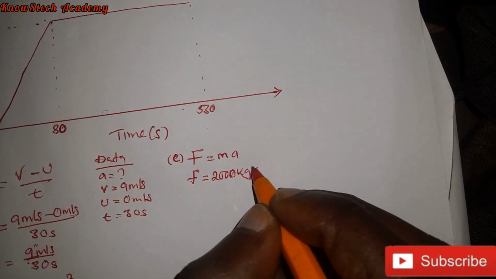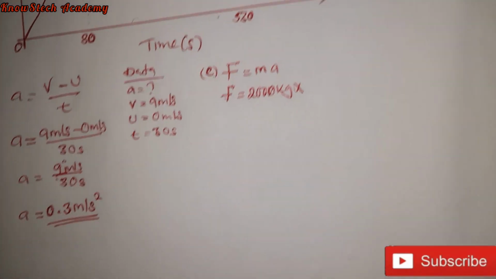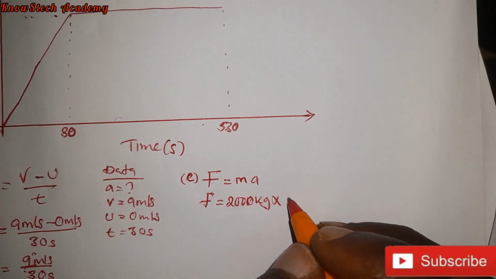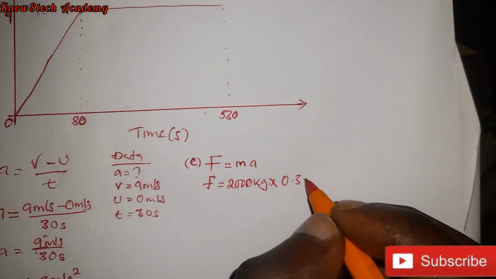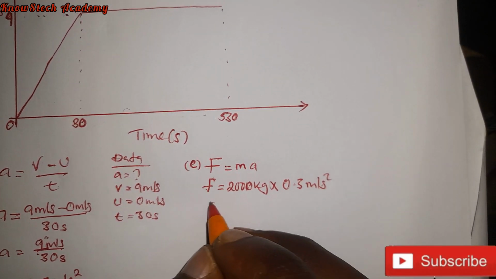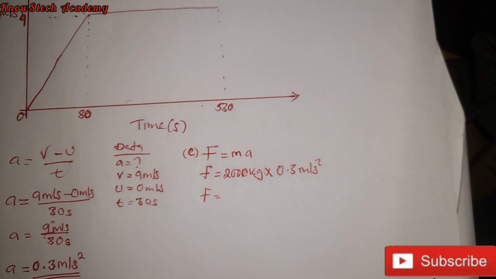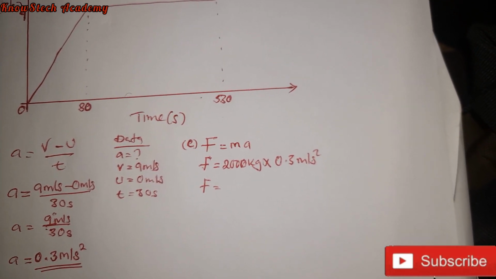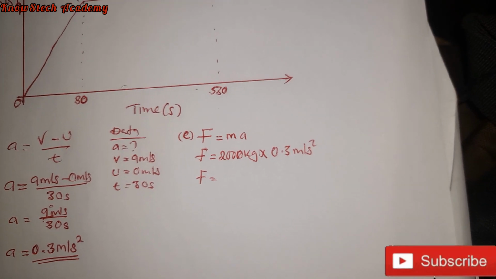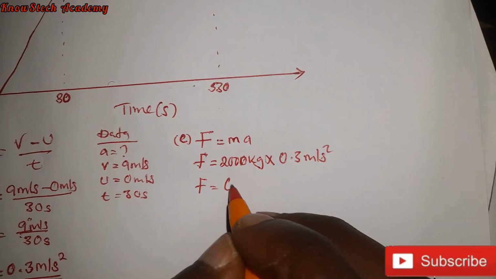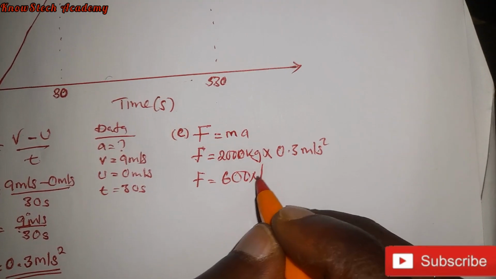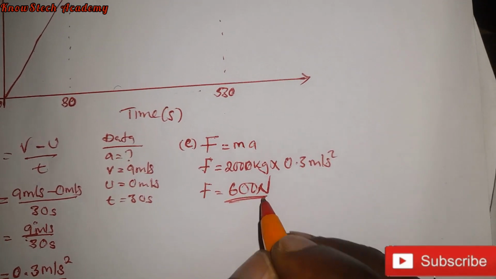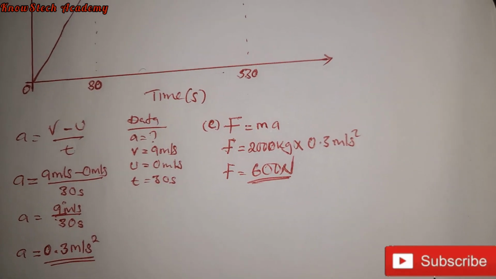Acceleration is 0.3 meters per second squared, which we've found. When you calculate 2000 multiplied by 0.3, we have 600 newtons. Remember, force is measured in newtons.